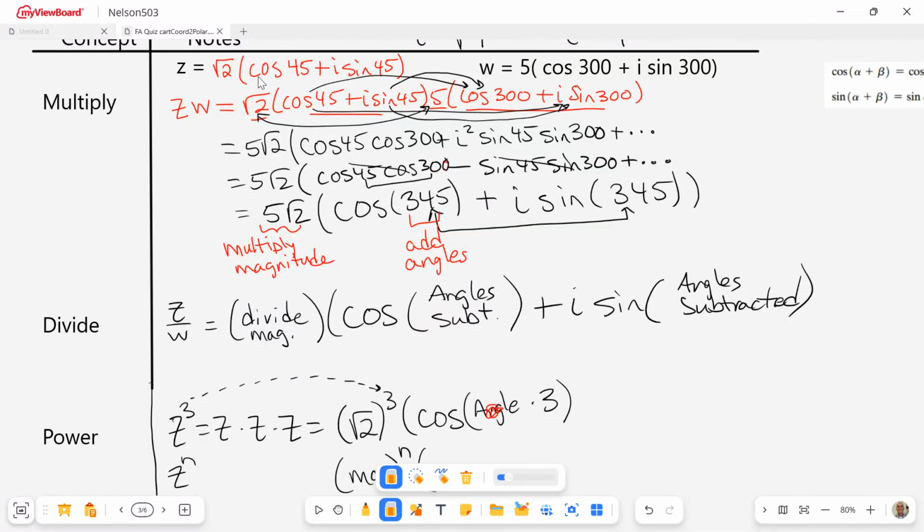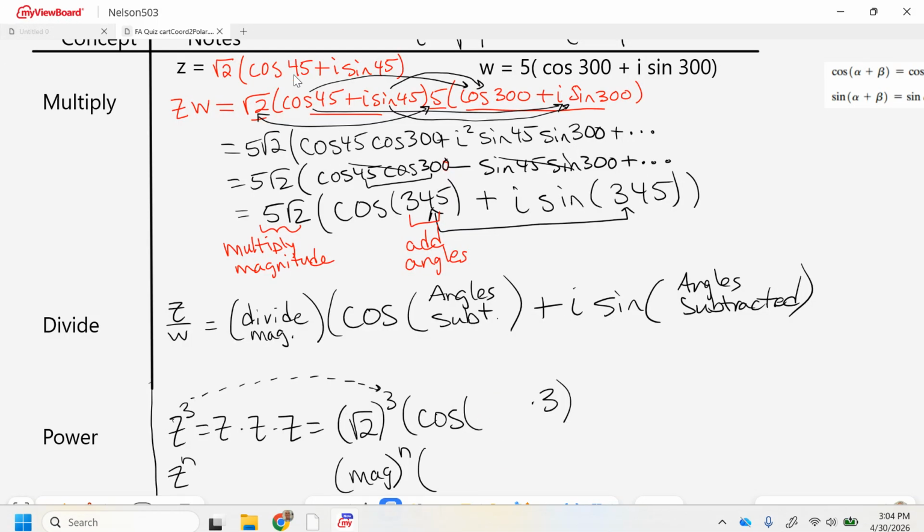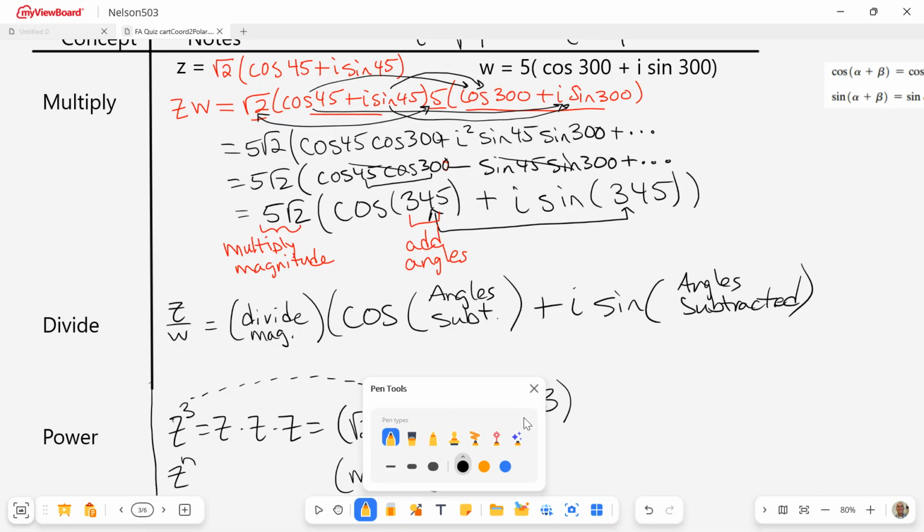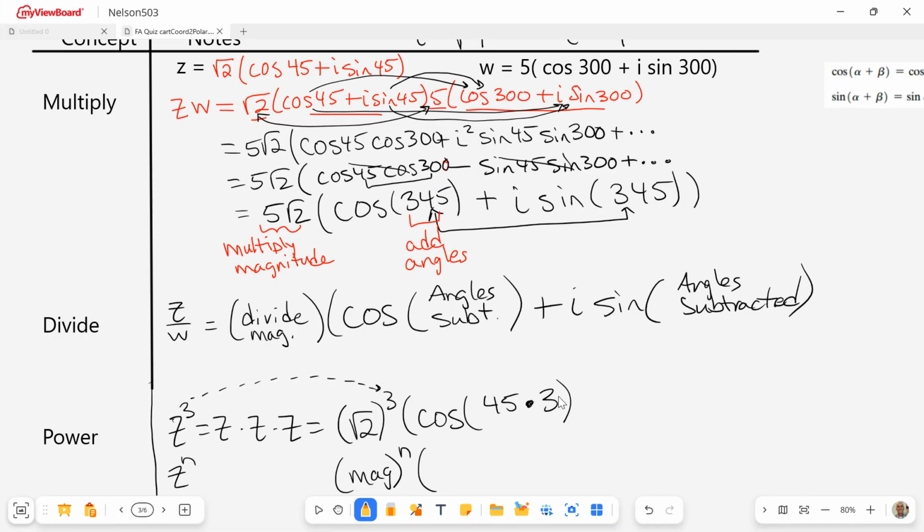What was my angle again? My angle was, what was it, 45 degrees? I think it was. It was 45, yes, 45 degrees right here. So I want to put 45 in there. 45 times 3, and then I'd have plus i sine 45 times 3, which is 135, right? 135, 135.